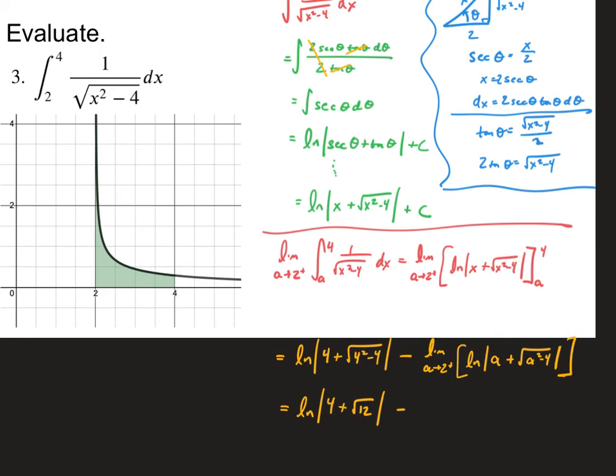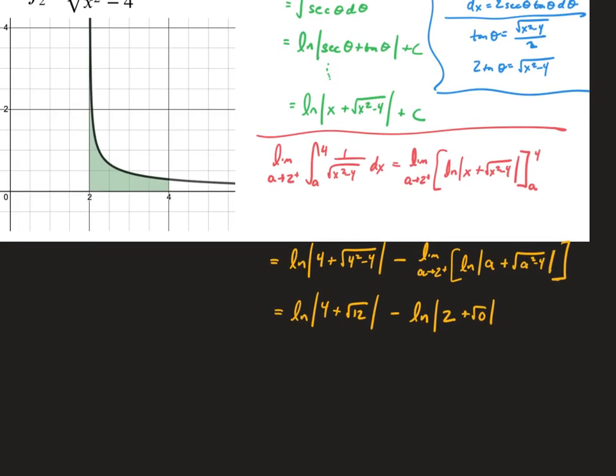As a approaches 2, that's just 2, and I get 2 squared minus 4. 2 squared is 4, 4 minus 4, so I get plus the square root of 0. Well, that worked out really nicely. So I get the natural log of the absolute value of 4 plus 2 square roots of 3, if I simplify down that radical, minus the natural log of 2.